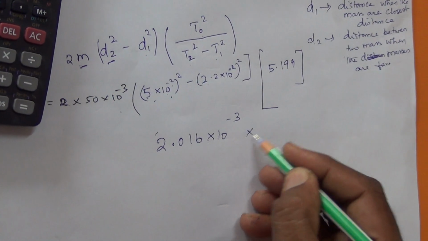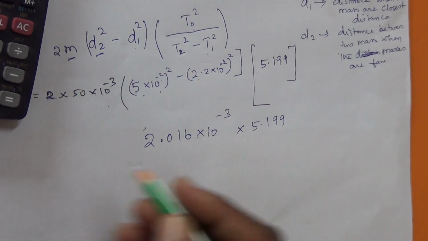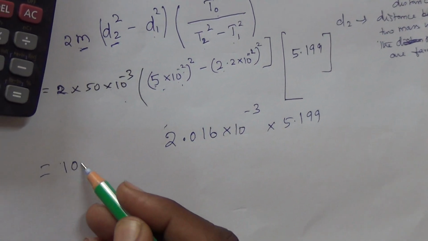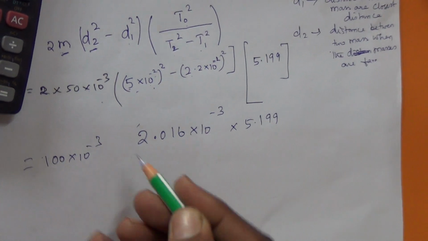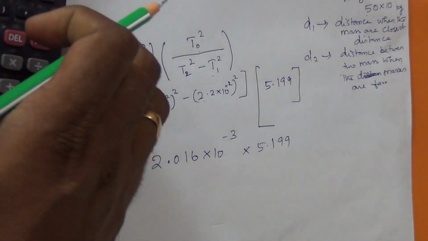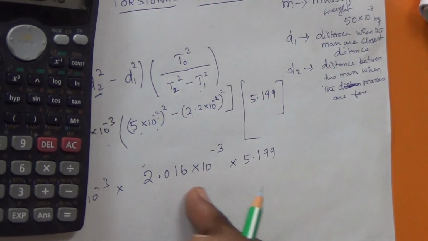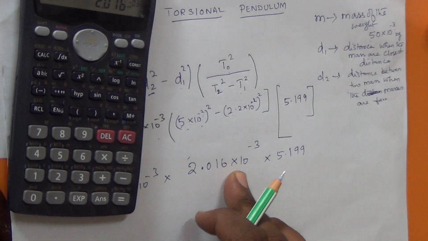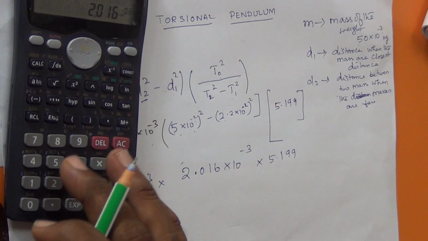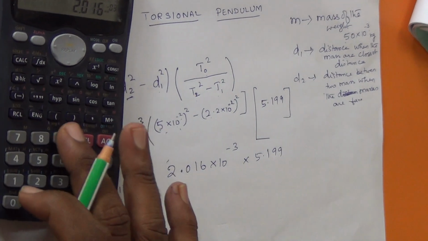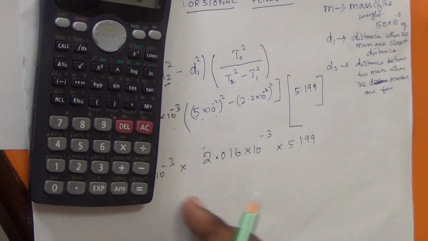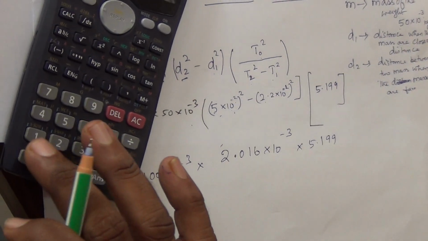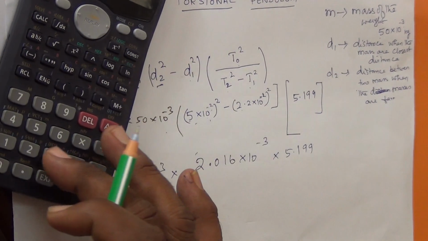Okay, so this into 5.199 into 100 into 10 power minus 3. If you multiply all this, I am multiplying 2.016 with 5.199 into 100 exponential minus 3.